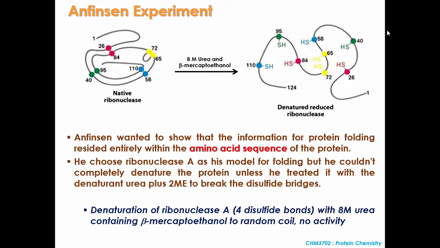So what is the function of beta mercaptoethanol? Anyone? It was in yesterday's lecture.